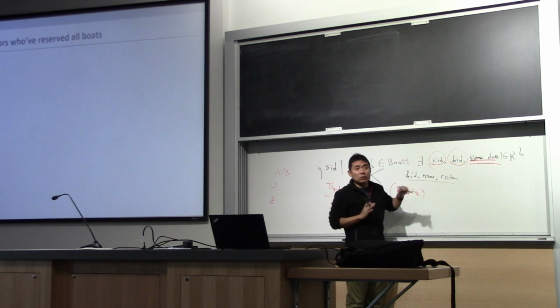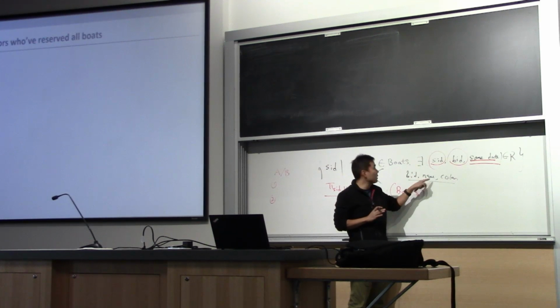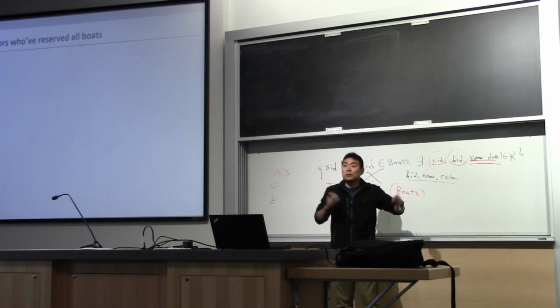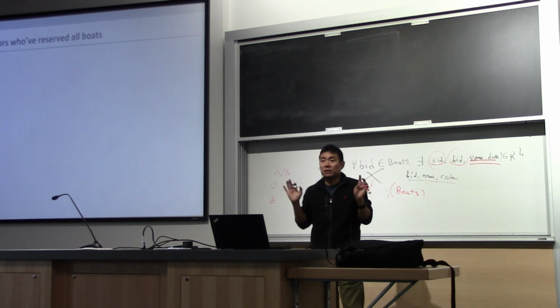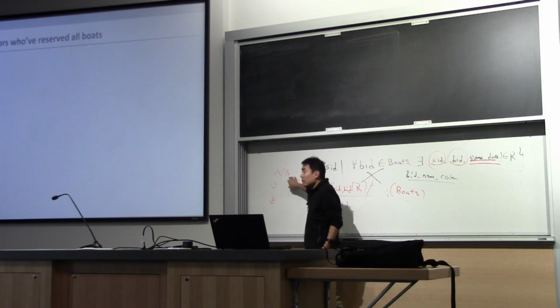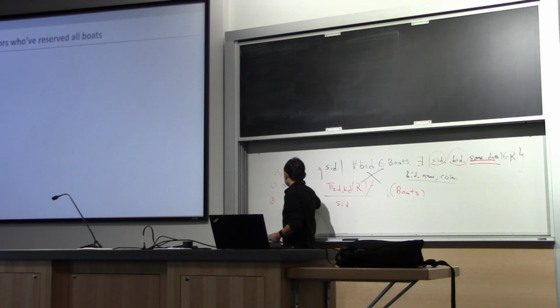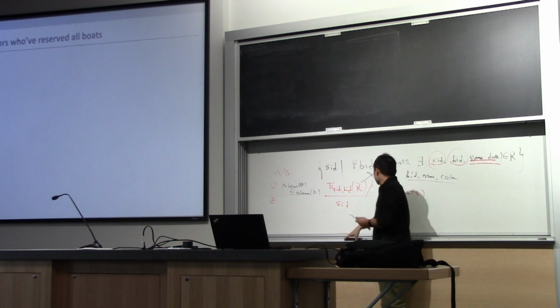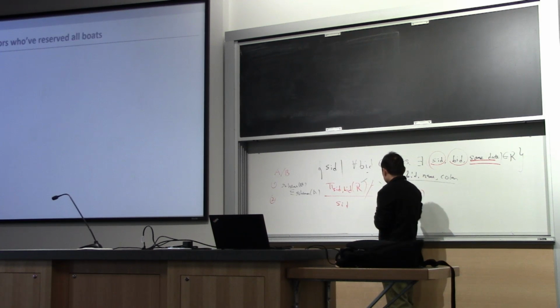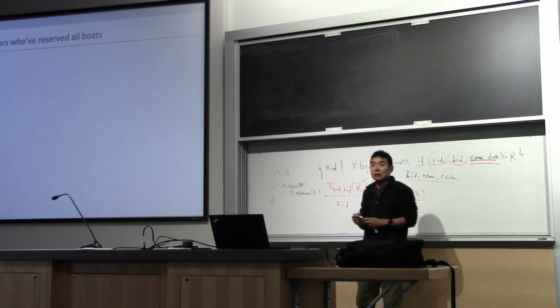I can tell you there are no such reservation records because in the reservation table there is not even a name and color attribute, so it's impossible to find any such combinations. Does that make sense? Henceforth, you must make sure the schema of B is a subset of schema of A in order for you to do division in the first place. So this is completely wrong. You cannot do this. So you project out boat ID. But now the schema of this is boat ID, which is a subset of sailor ID and boat ID.